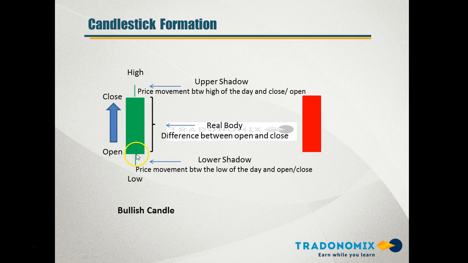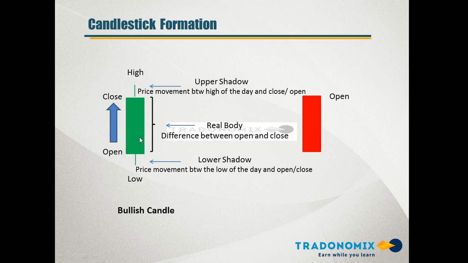So the lowest position of the body of the candle is the open, and the highest position of the body of the candle is the close price of this particular stock at the time frame. And so you can see that the price moves from a very low position to a high position, but it has an open and a close in the body of the candle.